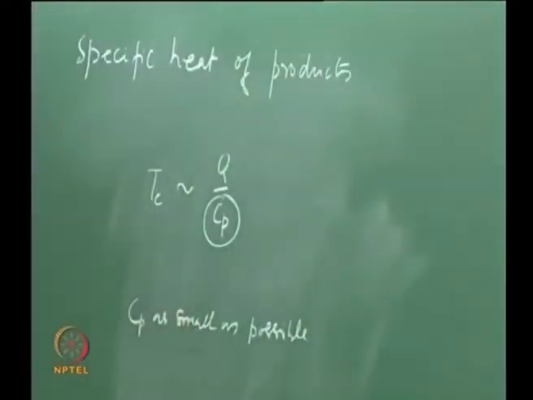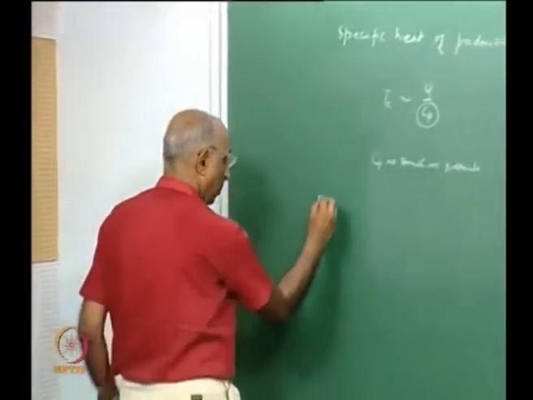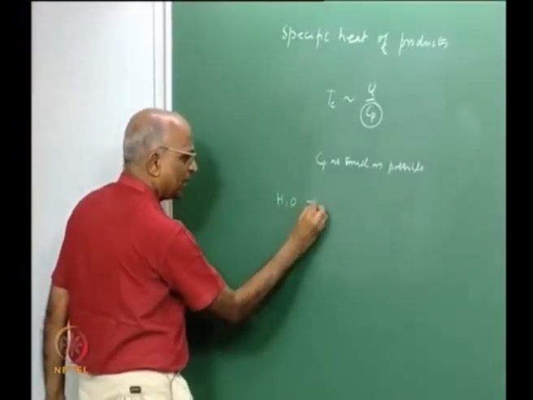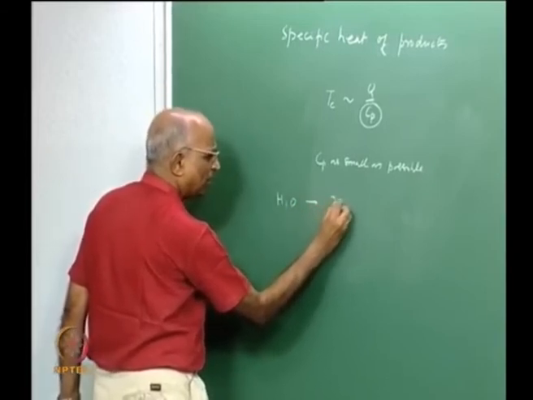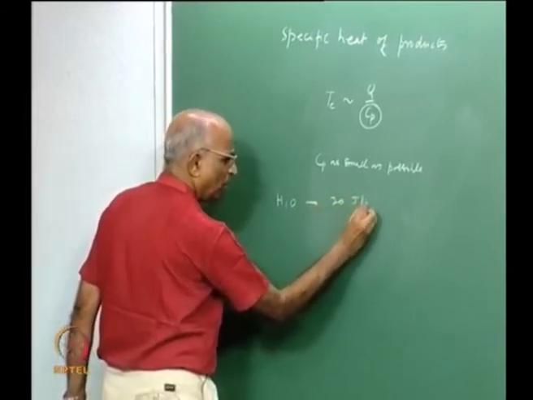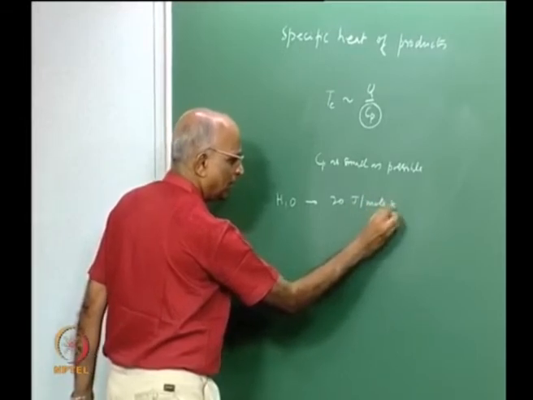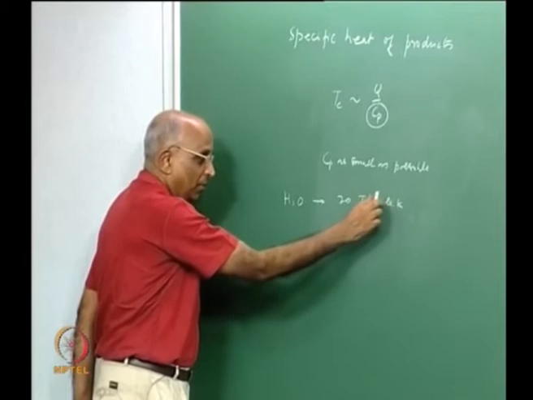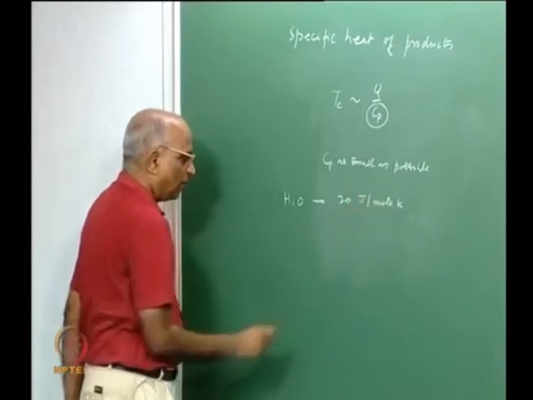All of us know that a single atom like hydrogen atom or oxygen atom, that is monoatomic, has a specific heat of the order of something like 20 joule per mole Kelvin. My unit of measure is joule per mole Kelvin.